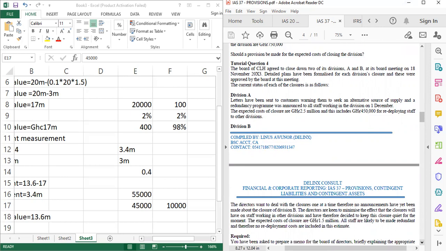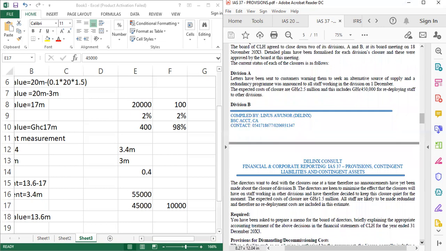All staff are likely to be made redundant, and therefore no redeployment costs are included in this estimate. You have been asked to prepare a memo for the board of directors, briefly explaining the appropriate accounting treatment of the above decisions in the financial statements of CLH for the year ended 31 December 2x4.